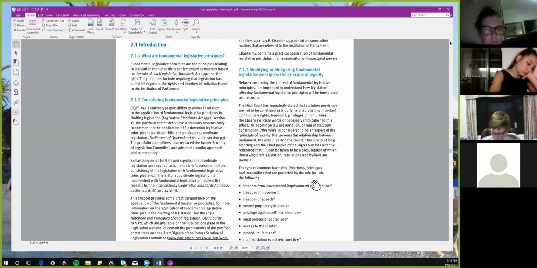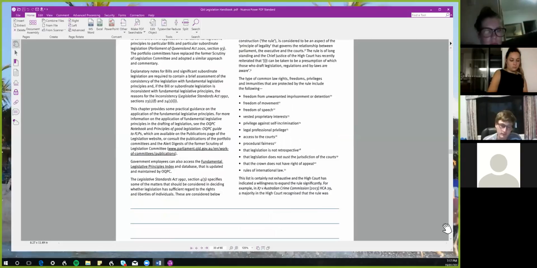So if you have a statutory interpretation question and you believe that the legislation purports to restrict a person's capacity to enjoy their common law rights or freedoms or privileges or immunities, then referring to this document gives you greater persuasive value in terms of arguing your position.